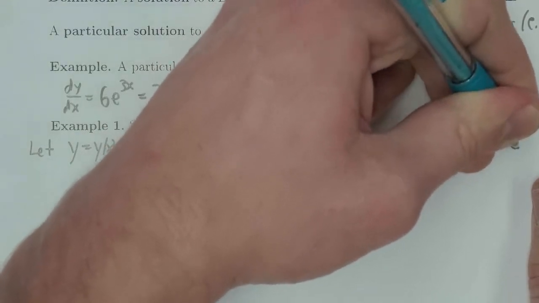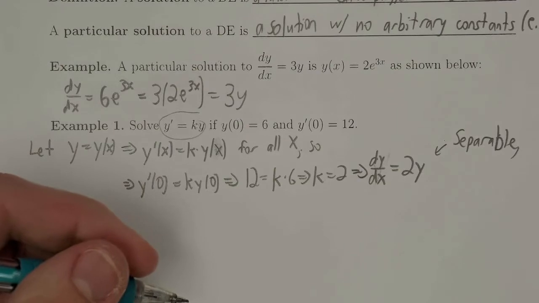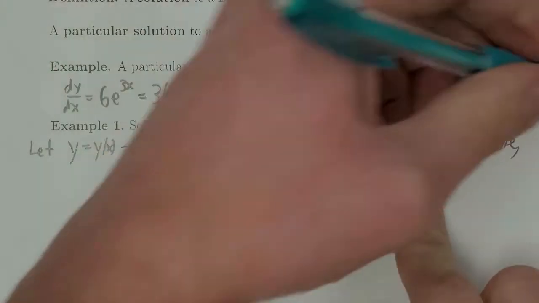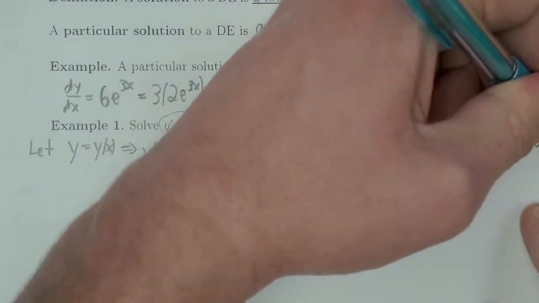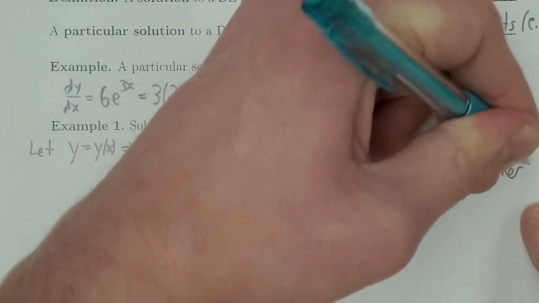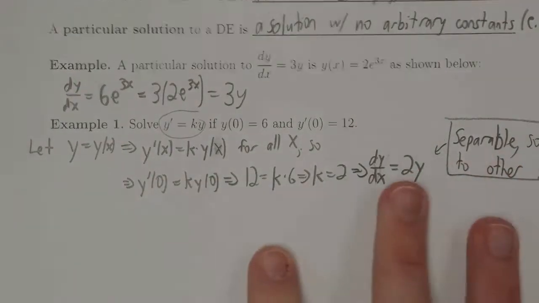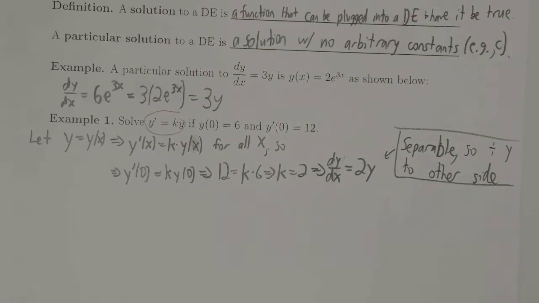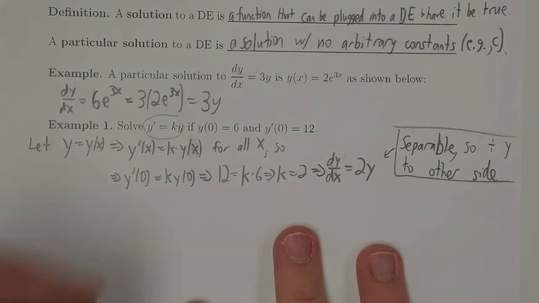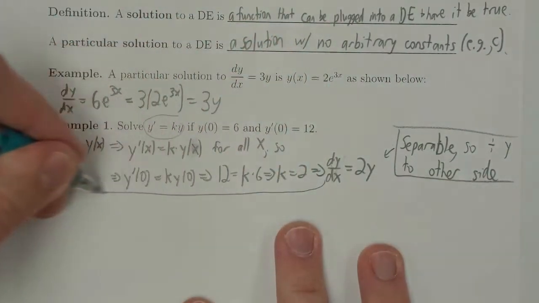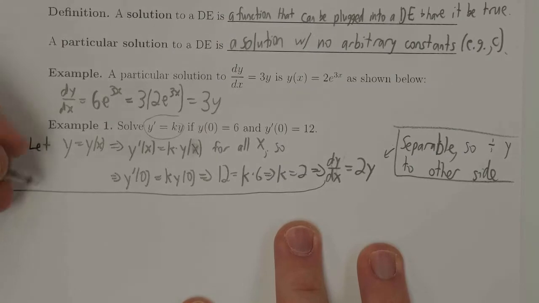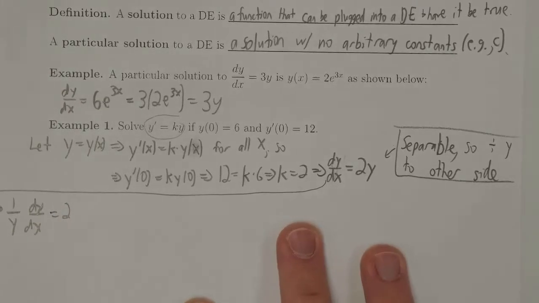So what I'm going to do in this case is divide y to the other side. Okay? So here's what we get out of this. We have 1 over y dy dx equals 2, right?